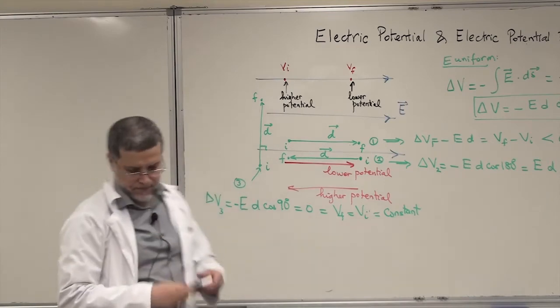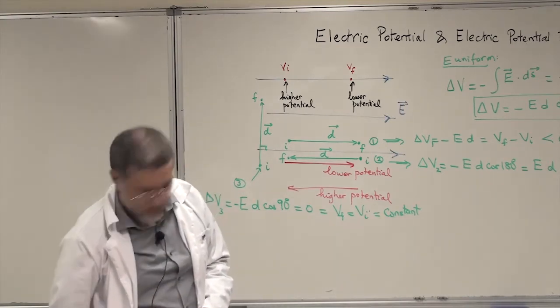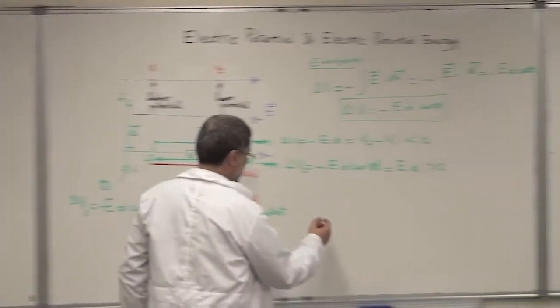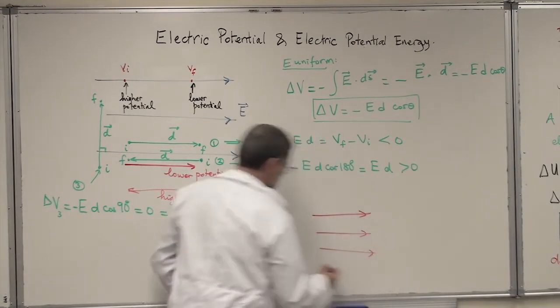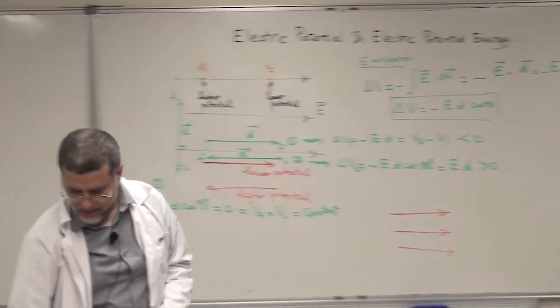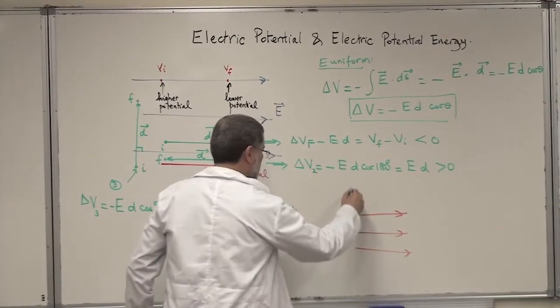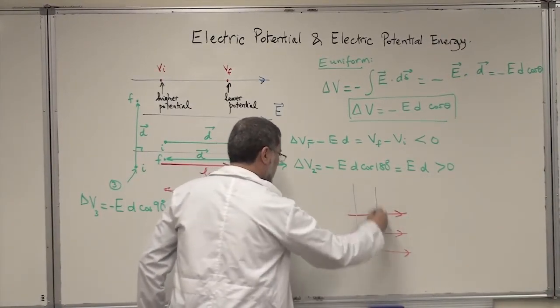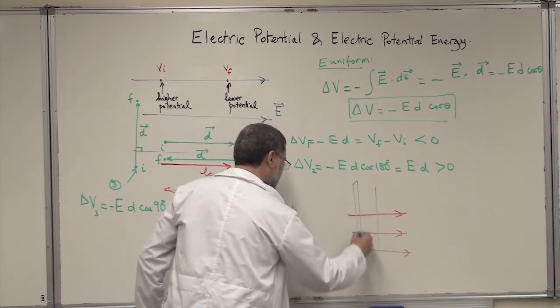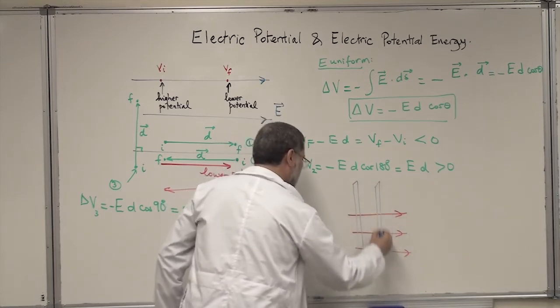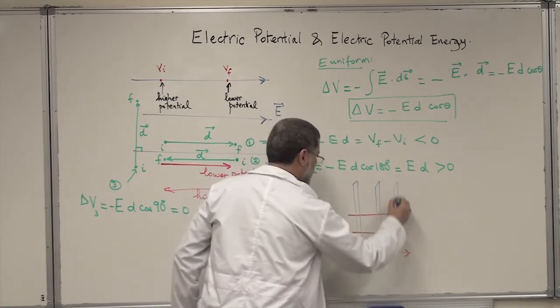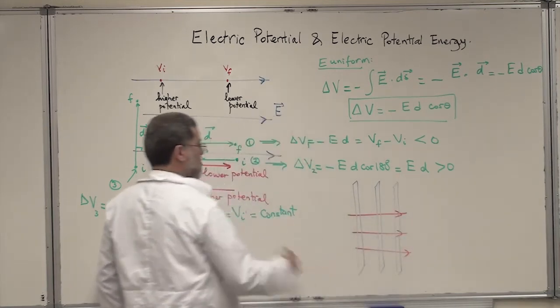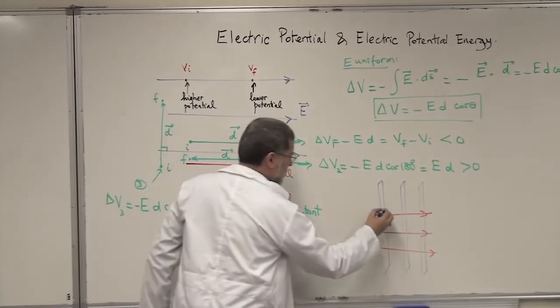Now, let me draw a figure here. So I have the electric field lines, and I have these planes. They call them equipotential planes. They have a constant potential. These planes are perpendicular to the electric field.